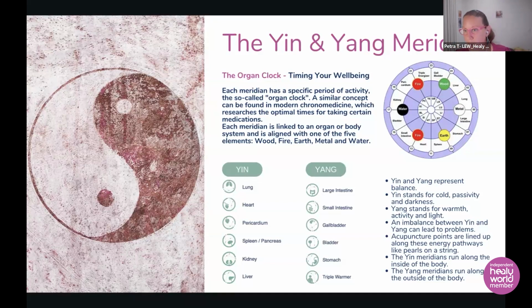This is a similar concept to modern chronomedicine, which researches the optimal times to take certain medication, because then they're more effective based on what they are targeting. Each meridian is also linked to an organ and the body system of that organ, aligned with 5 elements: wood, fire, earth, metal, and water.